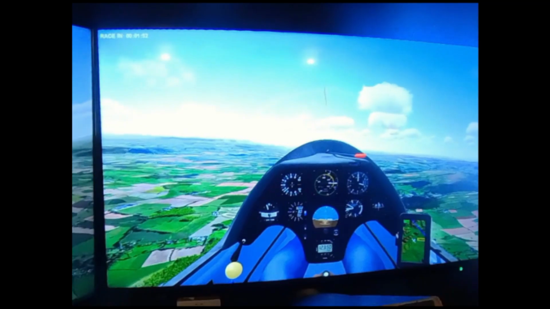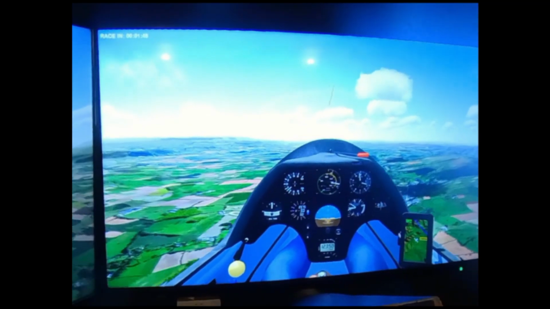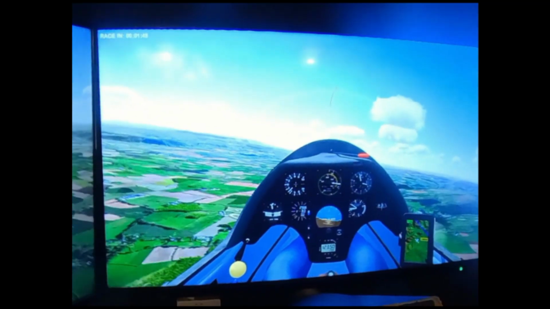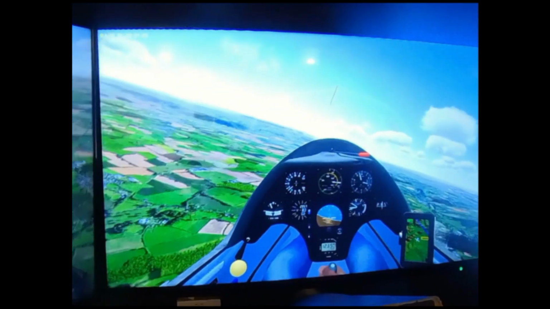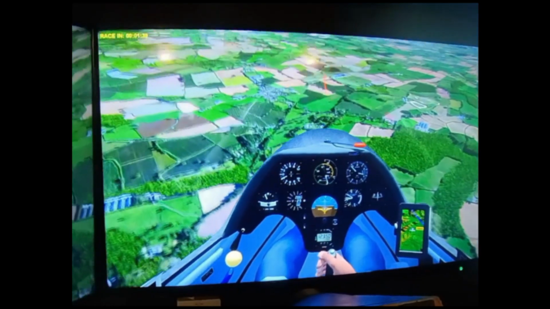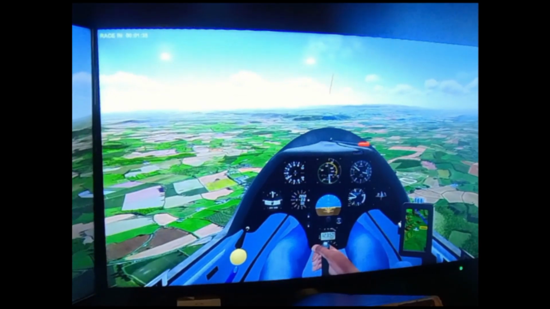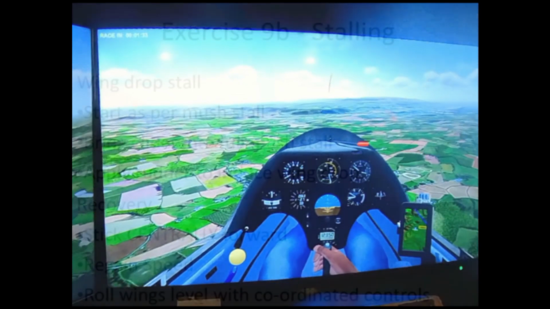Notice how far back the stick is. The glider is now stabilised in a mush stall. The stick is hard on the backstop. To recover, I move the stick centrally forward, regain flying speed, and then return to the normal gliding attitude. That was a mush stall and recovery.